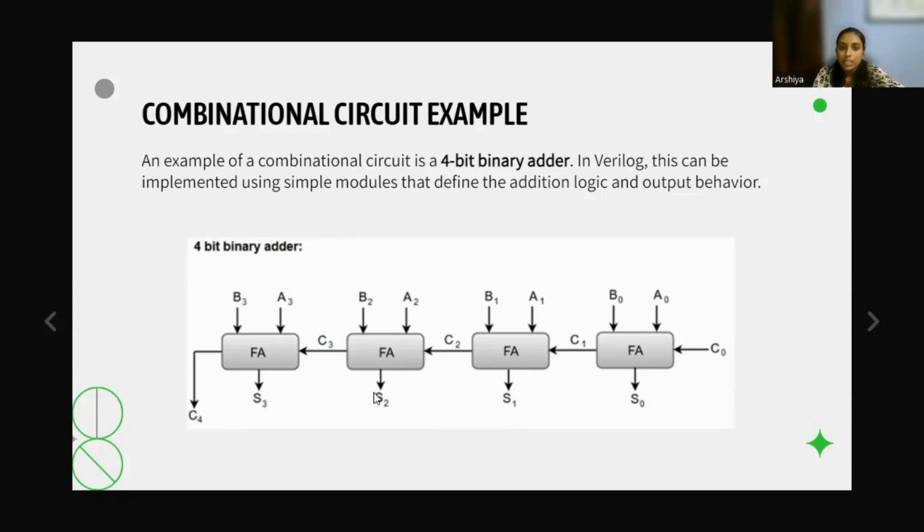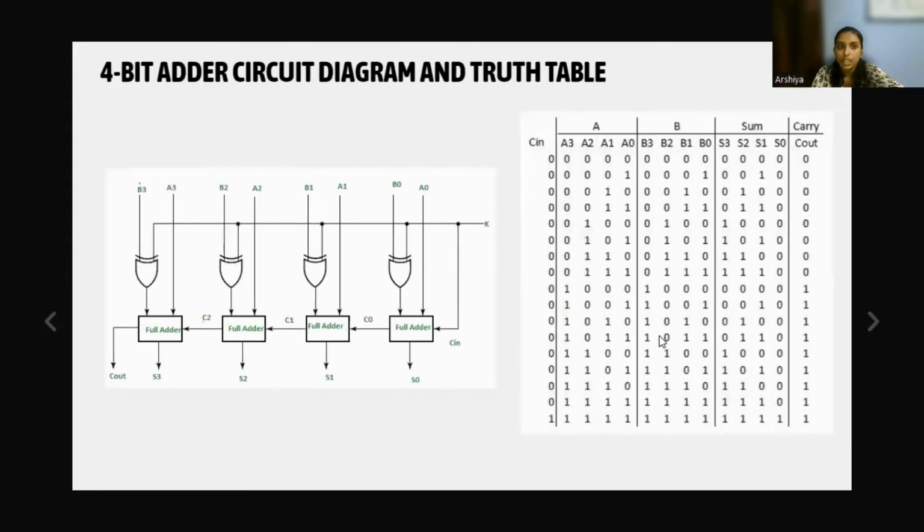The sum is S2 and the carry of the third full adder, C3, is given as input to the fourth full adder, and the sum is S3 and the out carry of the fourth full adder is the final output C4. Similarly, for the respective full adders, A0 and B0 are the input wires. This is the circuit diagram and truth table for the same.